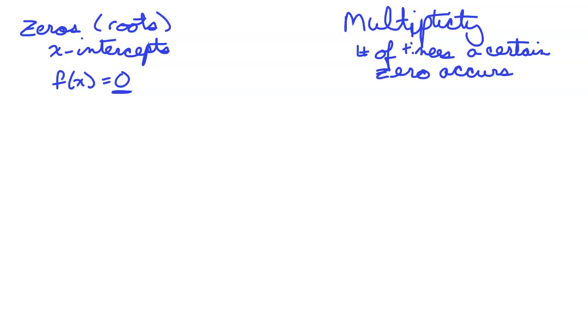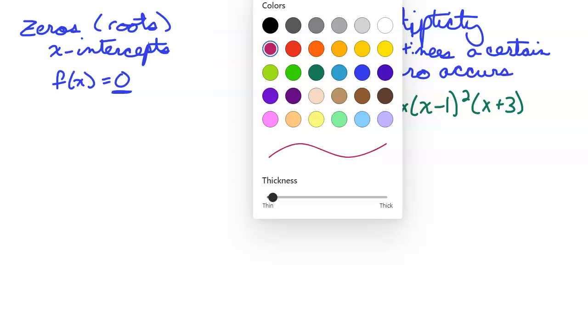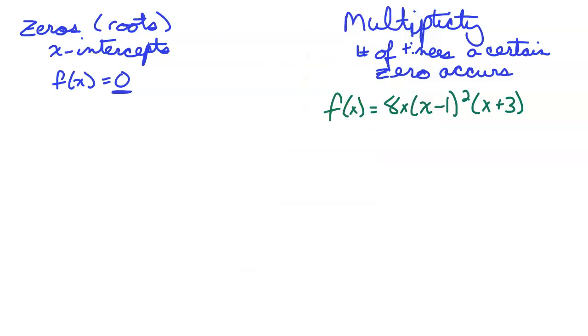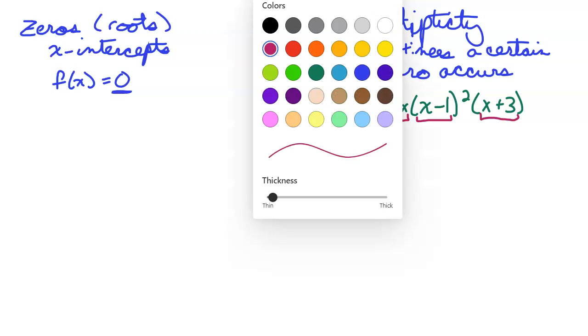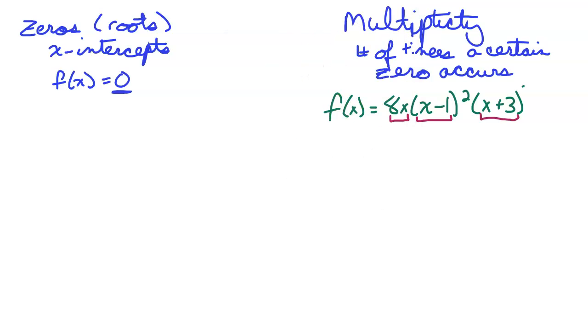I'm going to give you an example of something already in factored format, such as f of x is equal to 8x times x minus 1 squared times x plus 3. I'm going to go back and add that this has a 5, so x plus 3 raised to the 5th power.